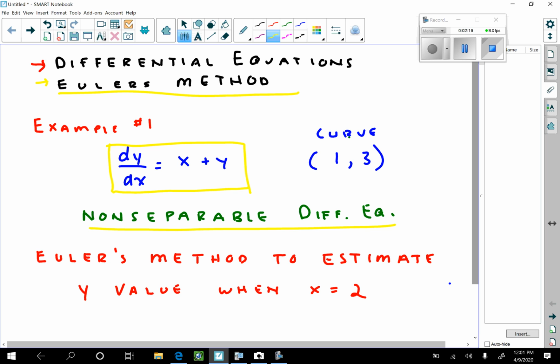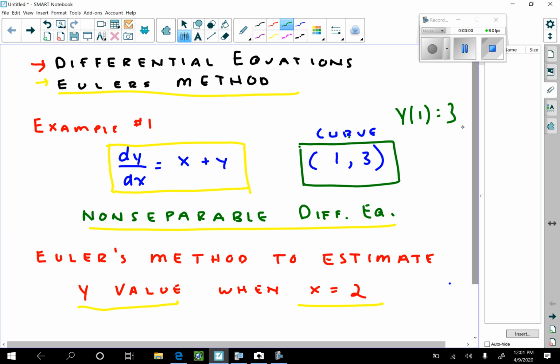What I'm going to do is use Euler's method to estimate the y value when x is equal to 2, knowing the initial condition that y is equal to 3 when x is equal to 1. Sometimes they use the notation y of 1 is equal to 3. That means (1, 3) is on this curve. I cannot call this curve a function, but it is indeed a curve.